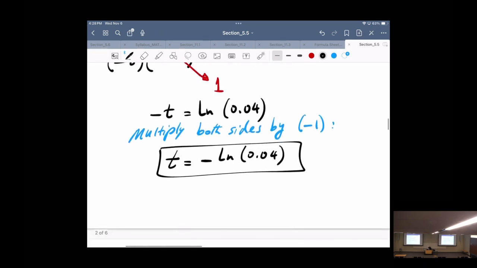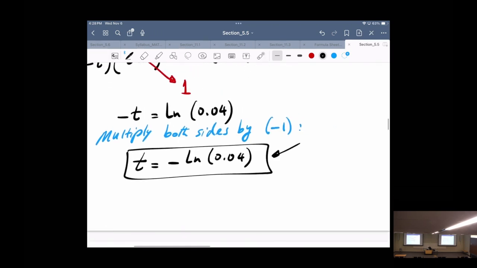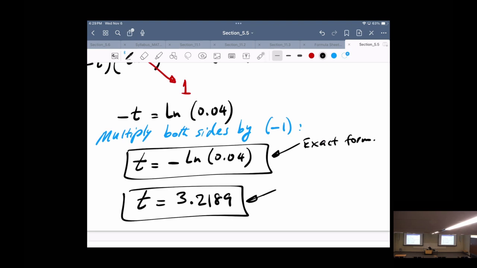This is the exact form of the solution. And giving the same answer in decimal form, you can calculate this using your calculator. You'll notice that if you calculate natural log of 0.04, you get a negative number. Then that negative number gets multiplied by the negative sign in front, and it gives us a positive result, 3.2189. So this answer is in decimal form.